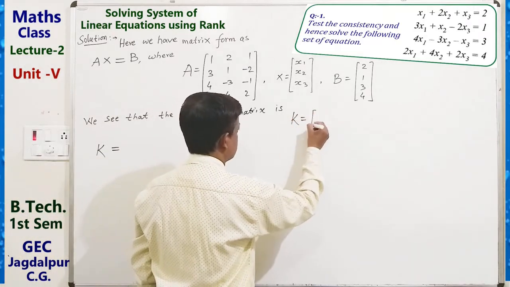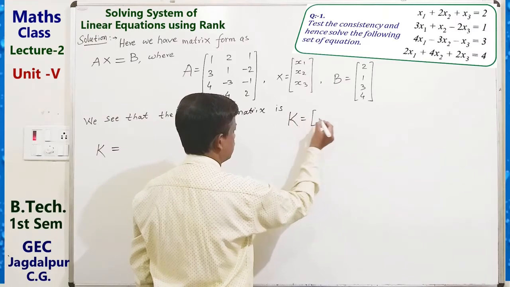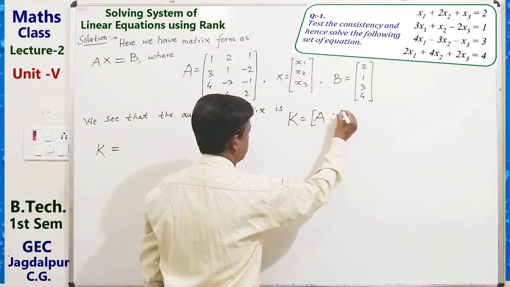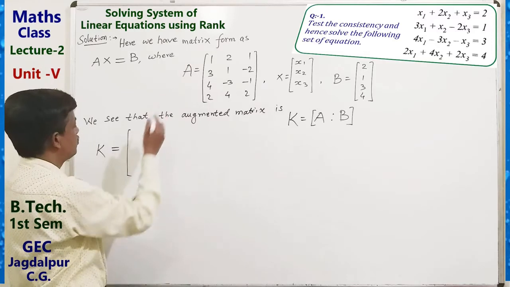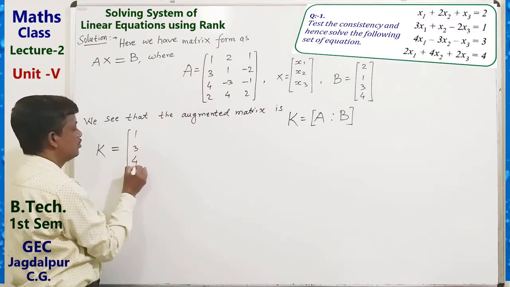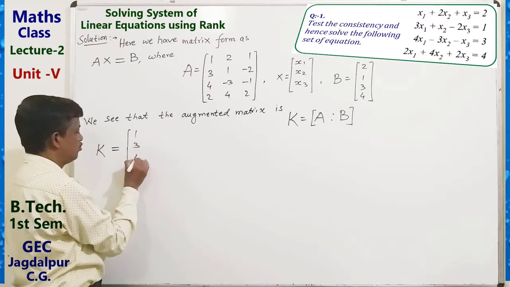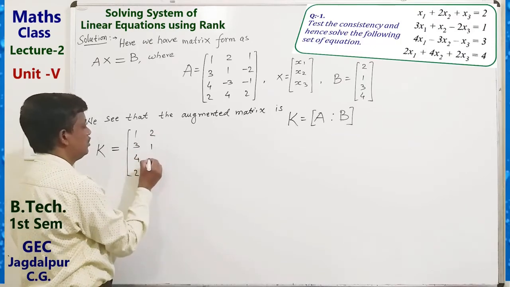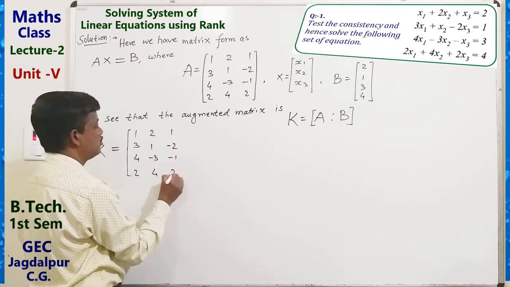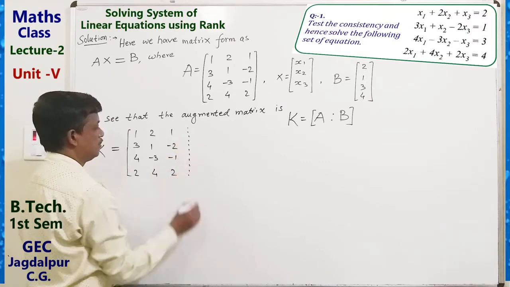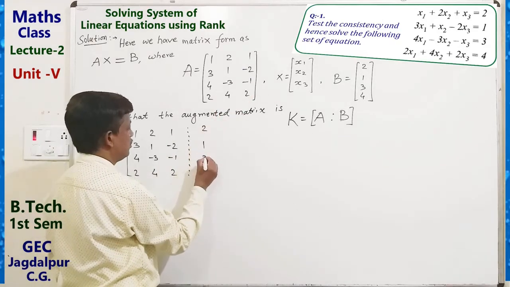K equals A B. So K equals, just write the complete matrix: 1 3 4 2, 3 4 2 2 1, minus 3 4 1 minus 2 minus 1 2, and just write here B: 2 1 3 4 2 1 3 4.